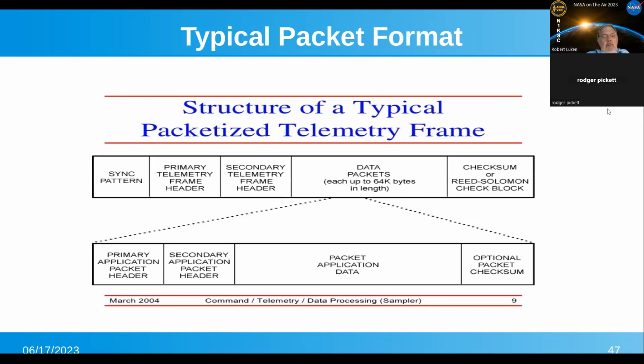Are they still limited to just 64? Say that again? Is the data packet still limited to just 64? I thought it went up from there. Well, in this particular one it's 64. It depends. Different packet telemetry types vary.